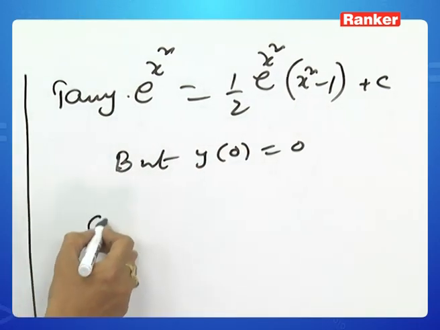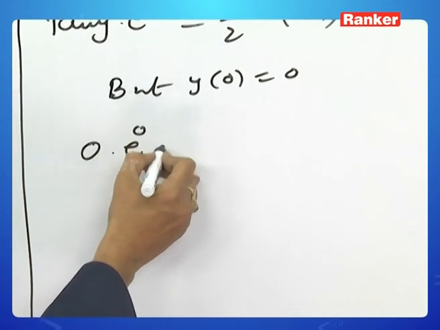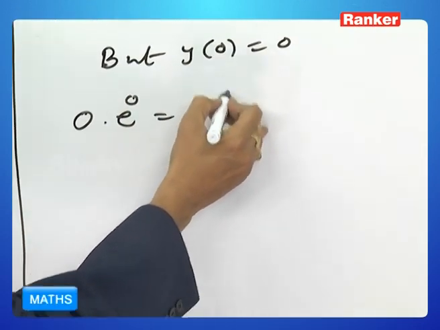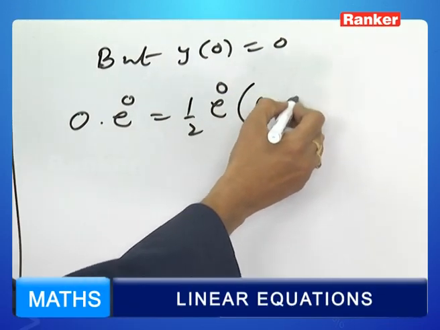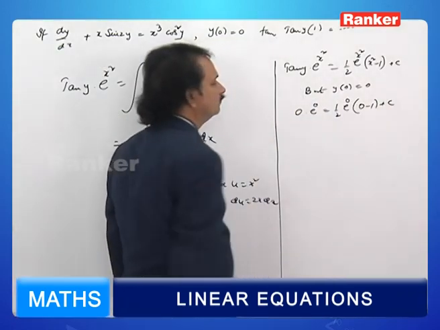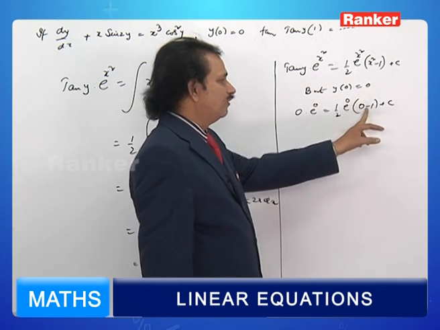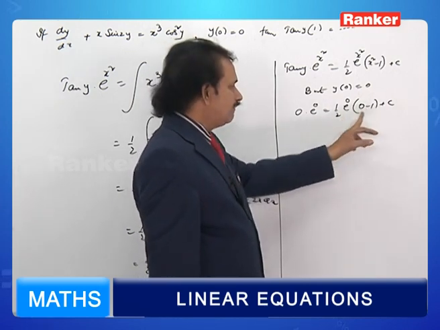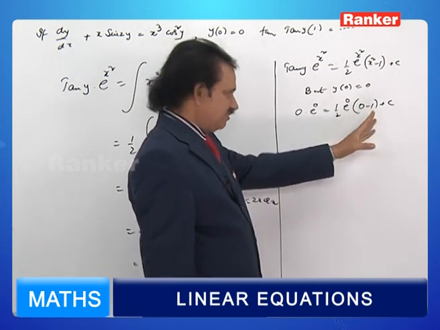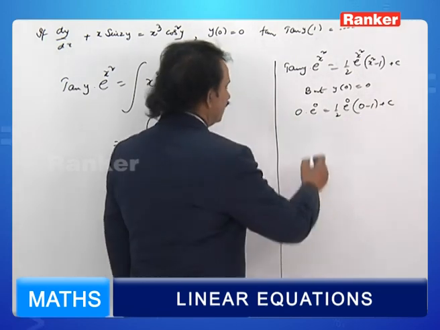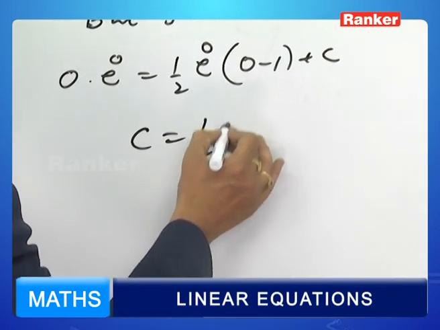Tan 0 is 0 into e power 0 square is equal to half into e power 0 into 0 minus 1 plus c. E power 0 is 1. 0 minus 1 is minus 1. Half into minus 1 is minus half. If it comes here, it becomes plus half. So that we have c is equal to half.